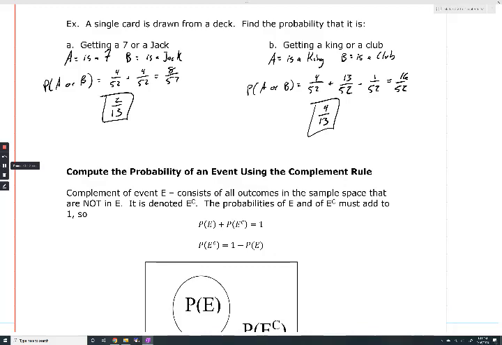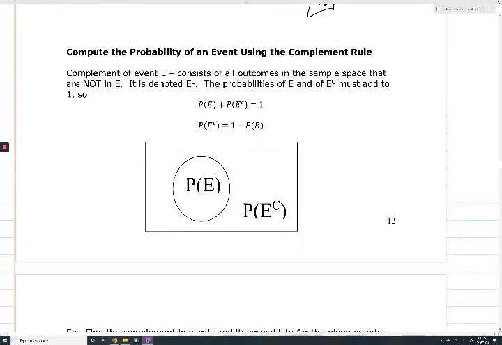All right, the next thing we're going to talk about in 5.2 is the complement rule. So the complement, with an E, not an I, refers to everything that is not the event. So in here you see we have our Venn diagram where the rectangle is our sample space. Inside of our sample space, we have this circle here, which represents the probability of our event E happening.